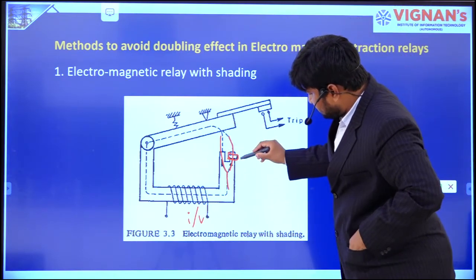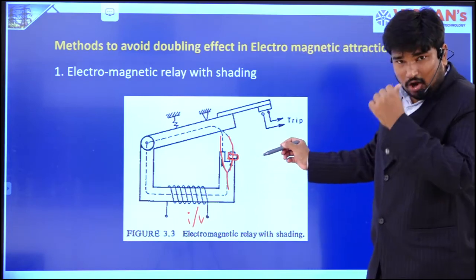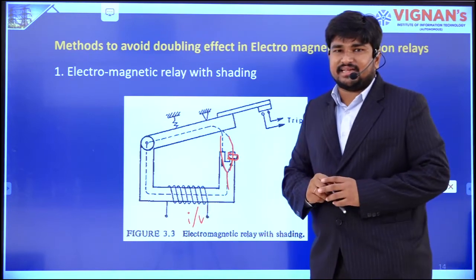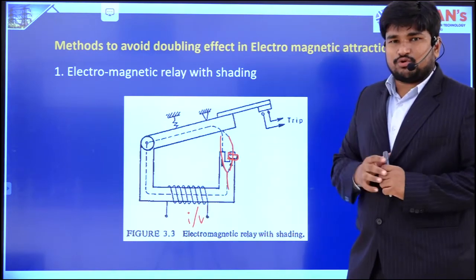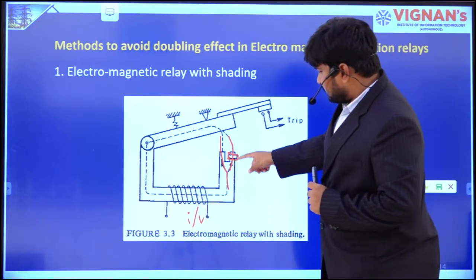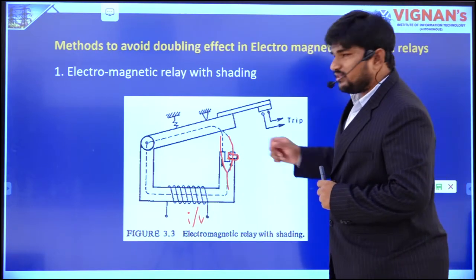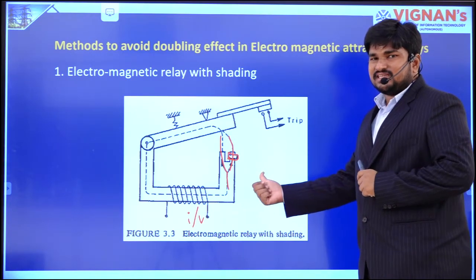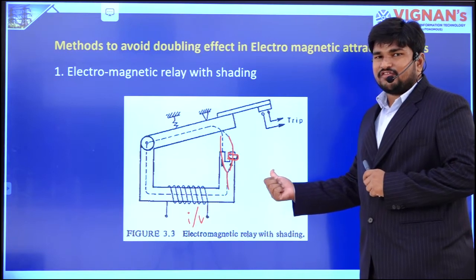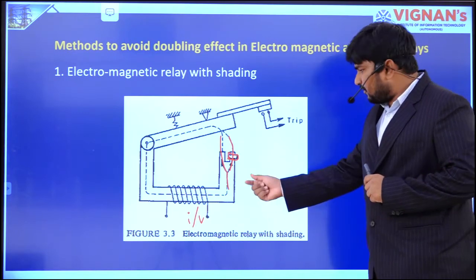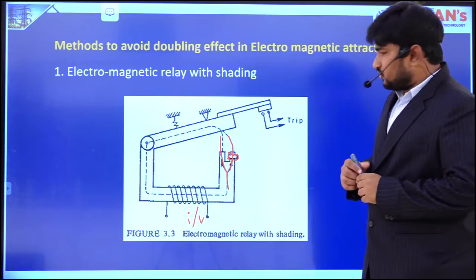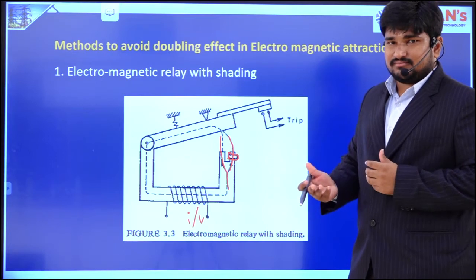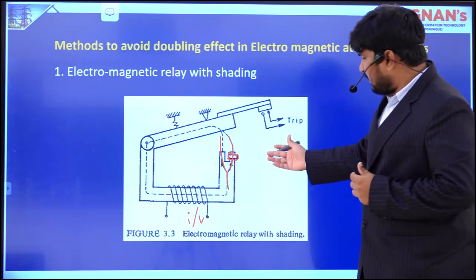Now, here there is a copper shading ring, and because of it, it is a closed path. Whenever the flux cuts through this shading ring, there is a production of EMF, and because it is a closed path, there is a production of current as well inside the shading ring, so that it will also generate some amount of flux.